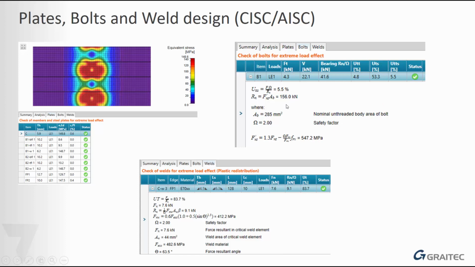All of these detailed design values are accessible for each bolt one by one. And also we have the same thing for the welds. So you have the detailed design report for the welds based on the code that you have selected. If I go back to the software, I will show you these features.